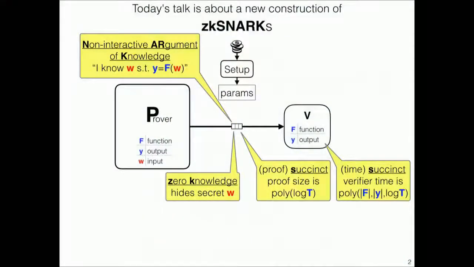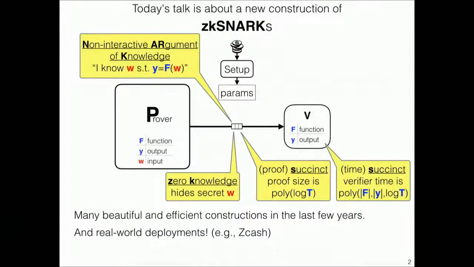Now, in the previous talk, we also focused on the succinctness of the verifier. This means that not only the proof is small, but also the process of verifying the proof is fast, exponentially faster than the computation it attests to. Today, it will not be a focus because it will not be something that we achieve. We'll be mostly focusing on small proofs.